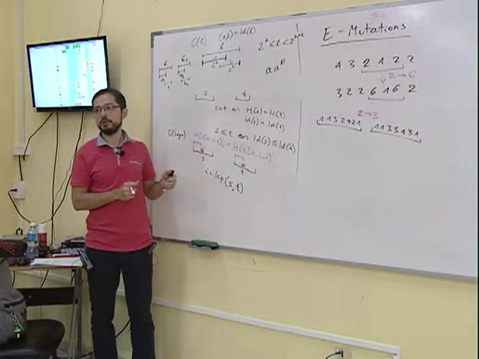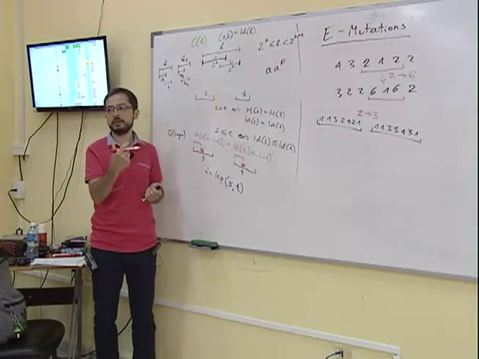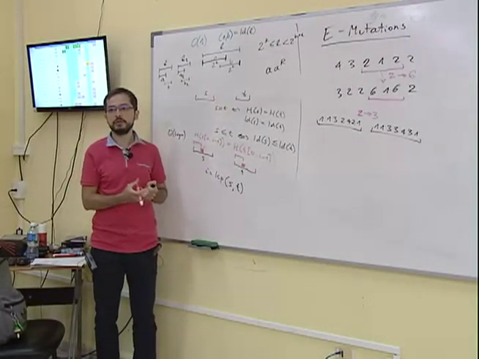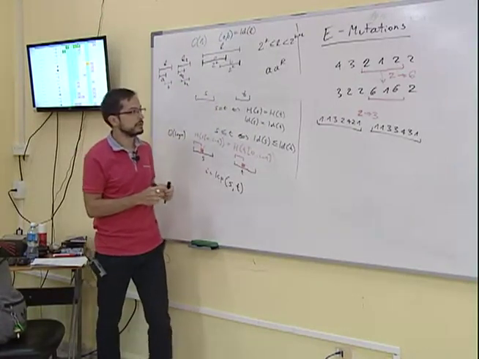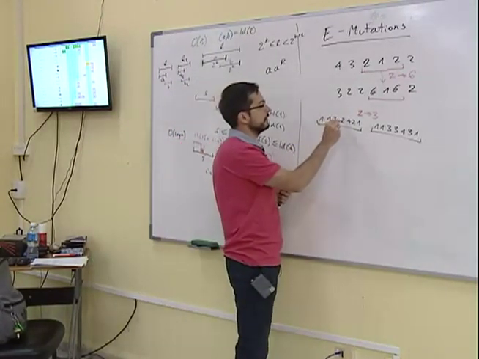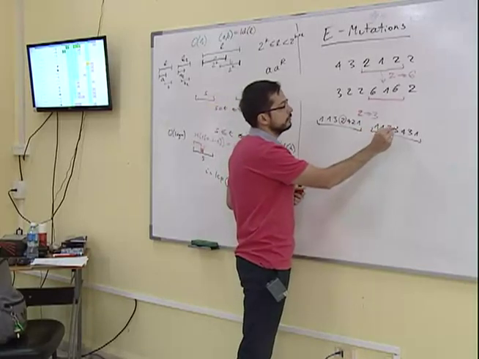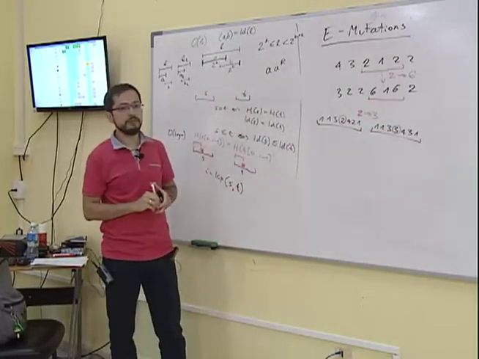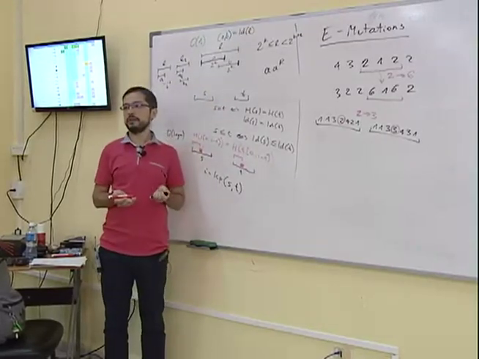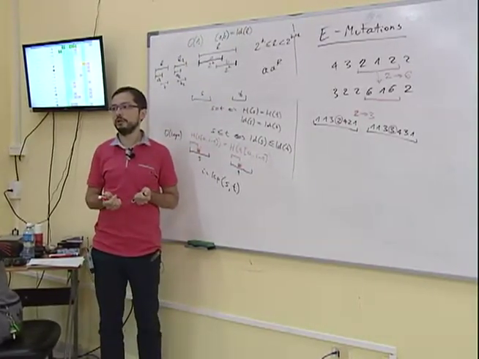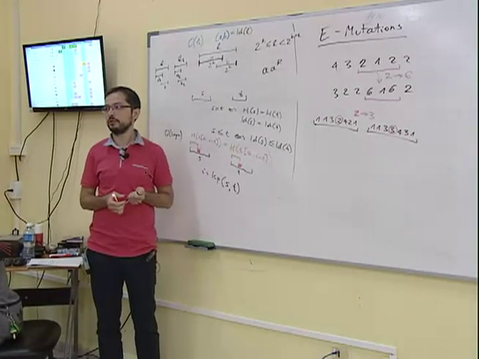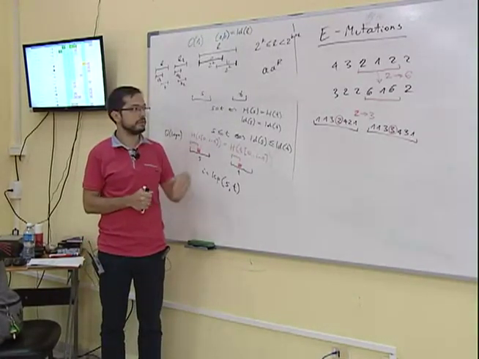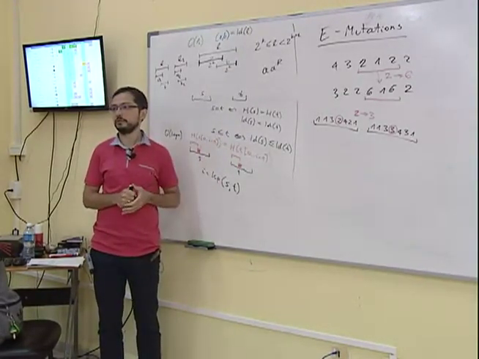So we need to find this element, but we can use the notion of LCP we had before. We can find the first element which is different in those two strings. If we go here, we will find 2. If we go here, we'll find 3. If the elements are different, we know we have to use the mutation which transforms this letter into the other letter.